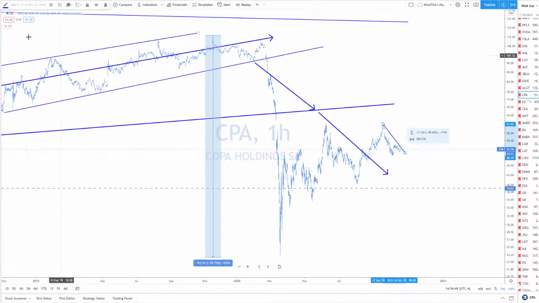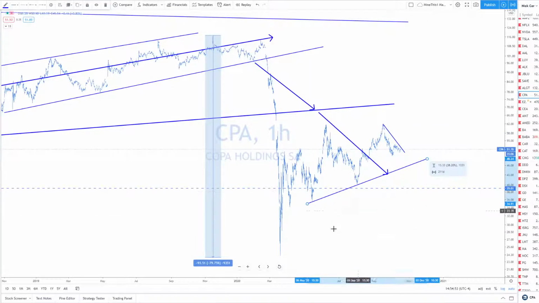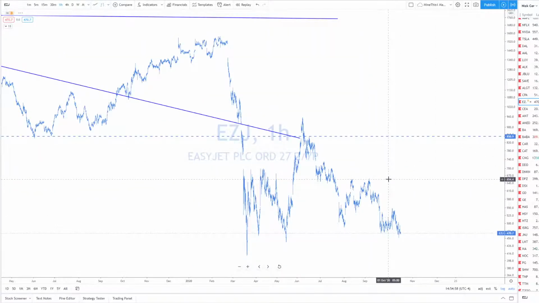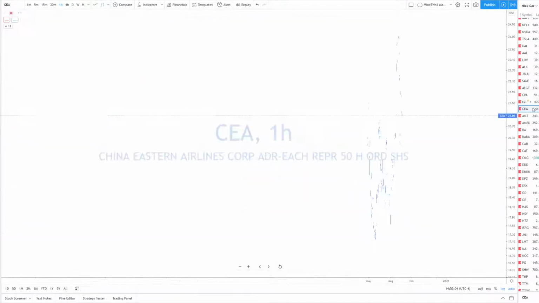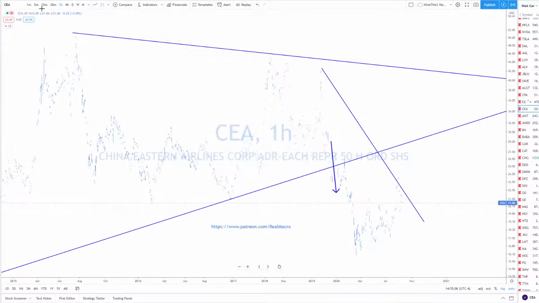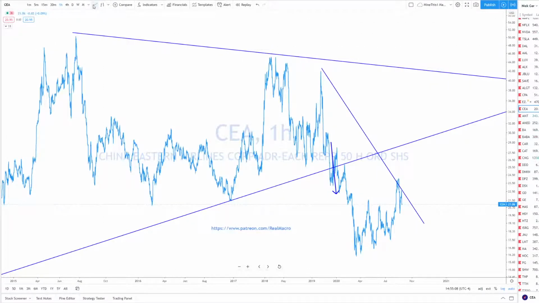I hate this airline. I'm sure the people that work there are great, but as a company, it's way overvalued. EasyJet continues to weaken. I'm very surprised at this. China Eastern Airlines. Okay. Nothing there.